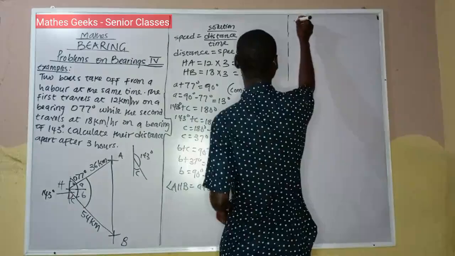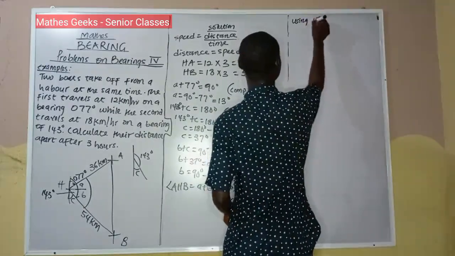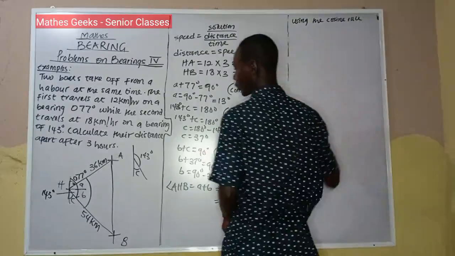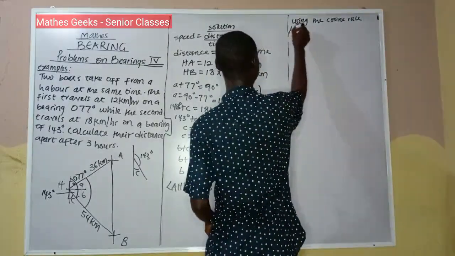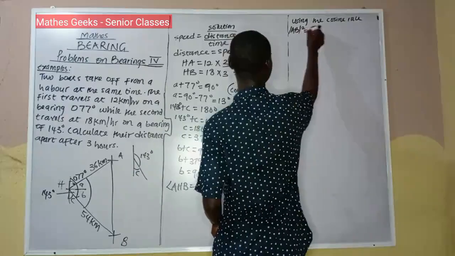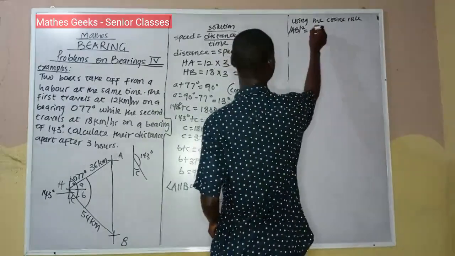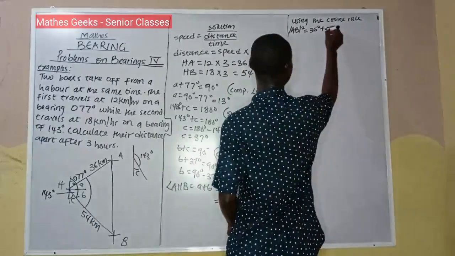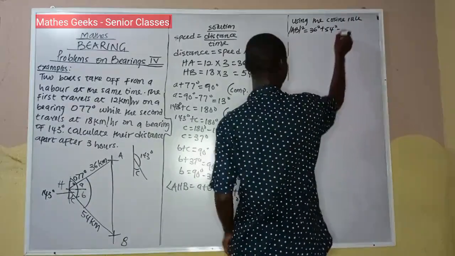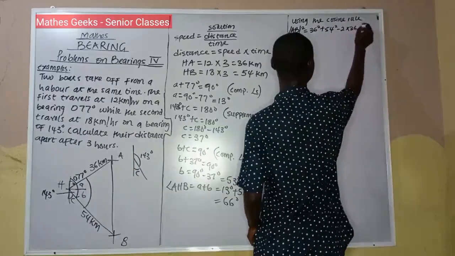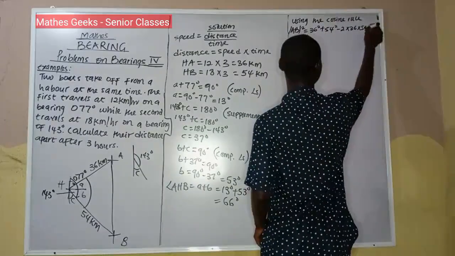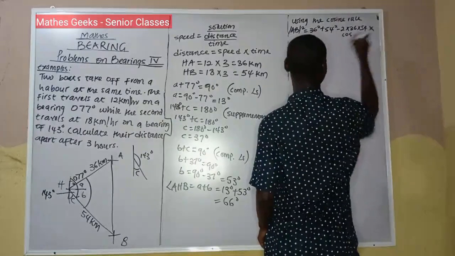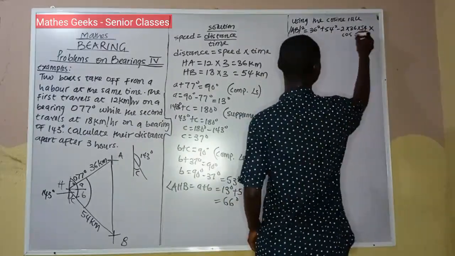So using the cosine rule, we have line AB squared is equal to 36 squared plus 54 squared minus 2 times 36 times 54 times cos 66 degrees.